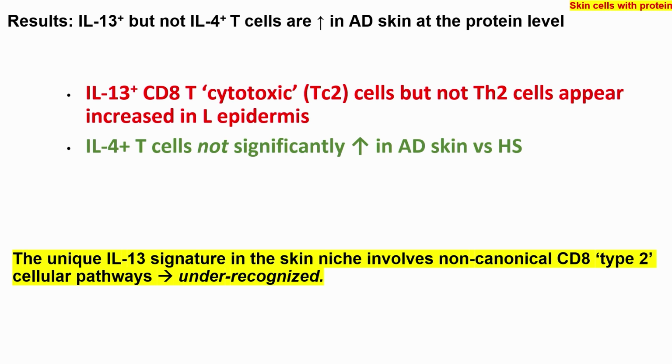So in summary, for this section, these IL-13 but not IL-4 positive cells are increased, and they are specifically increased in that lesional epidermis. And so this argues for a unique role for these non-canonical T cells in this hyperpolarized IL-13 state that our patients' skin exists in.